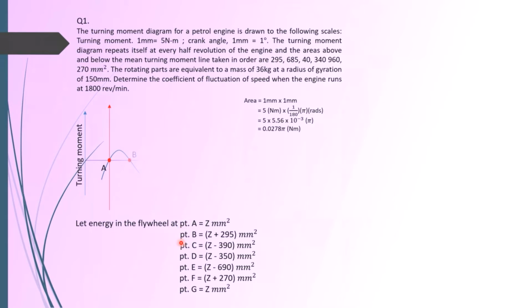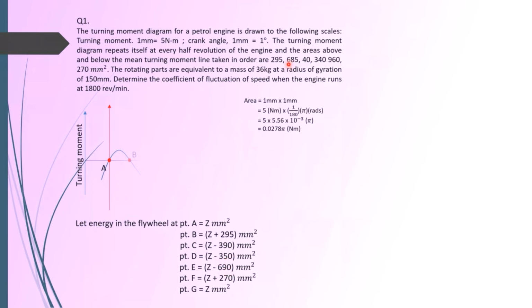The next one is at point C. I can't show this diagram here. At point C, you have the area below, so you take plus 295 minus 685, so you will have negative 390. At point D, you have plus 295 minus 685 plus 40, so you have negative 350.